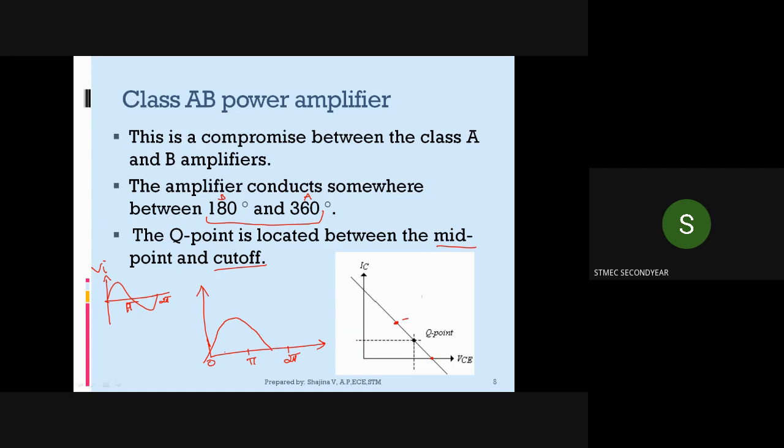So it will conduct more than 180 degree but less than 360 degree. So the conduction angle, or the percent of time it will conduct, is between 180 degree and 360 degree. That is, it is a compromise between class A and class B power amplifiers.